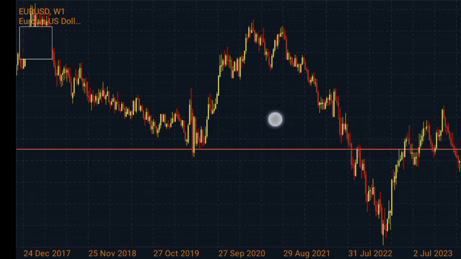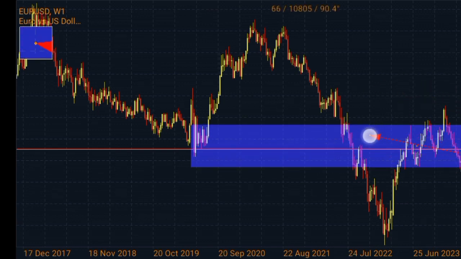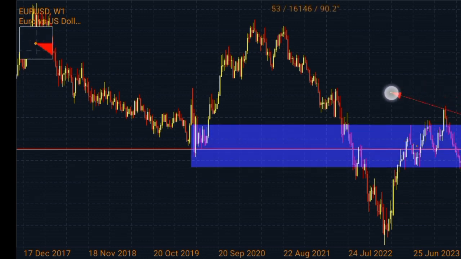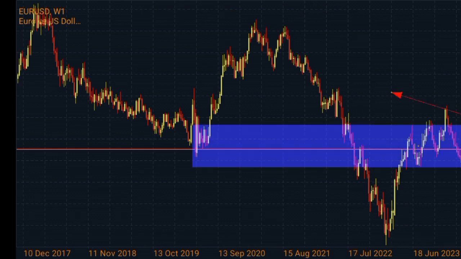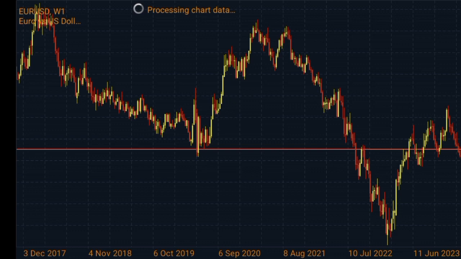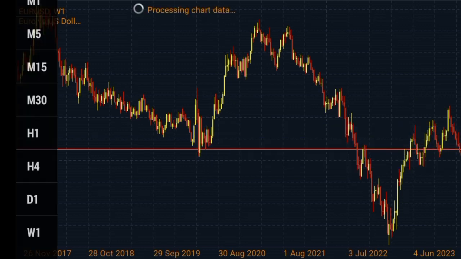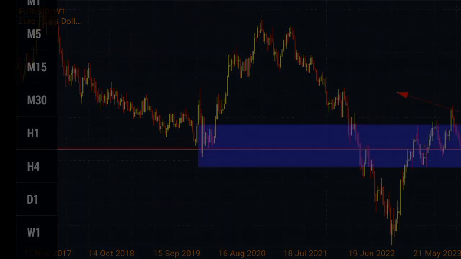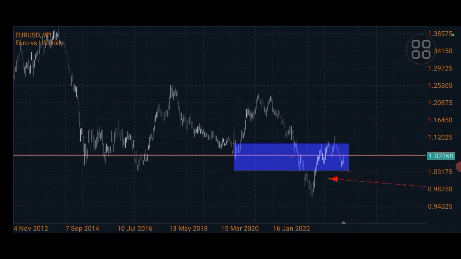The chart is loading, that's why it's going up and on. You can see the blue box is disappearing and appearing. The chart is still loading from the previous month. Okay, so I'm going to take a pause and let the chart finish loading. After the chart has finished loading, this is where we are.